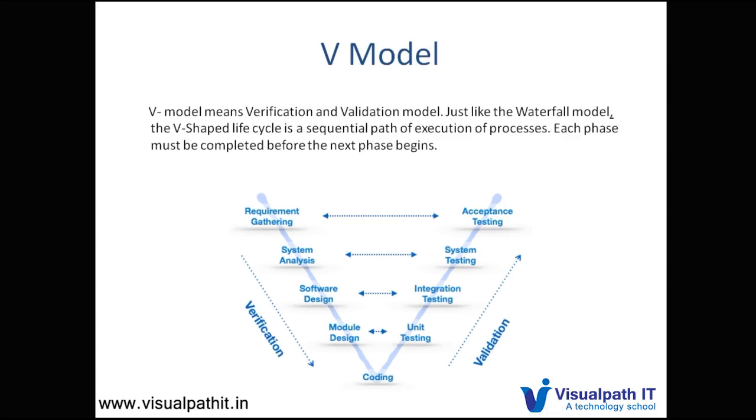Now another thing is verification and validation. What is verification and what is validation, and how do they differ? Verification is static and validation is dynamic. Verification is a kind of technical review, whether all the requirements have been covered, whether all the mapping documents are in sync with the requirement, like that.